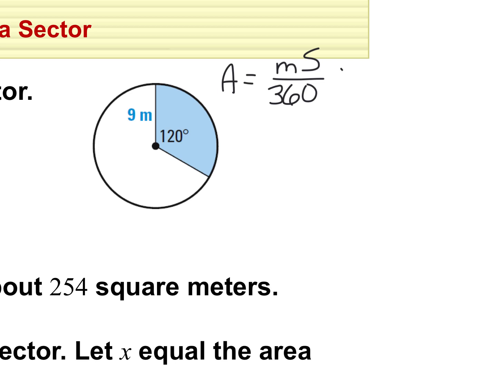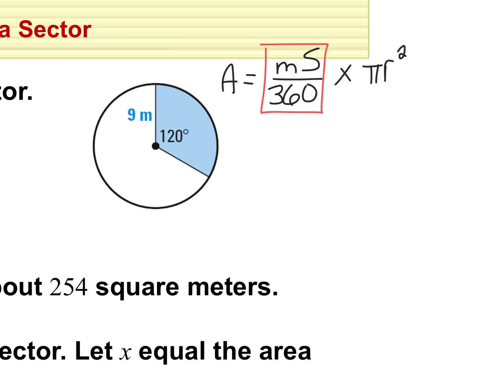Okay, that's the ratio of that sector, and then we're going to multiply that by pi r squared. What does pi r squared stand for? The area of the circle. The only thing we added to the area of the whole circle is this ratio part, because we only want the area of the inside sector.